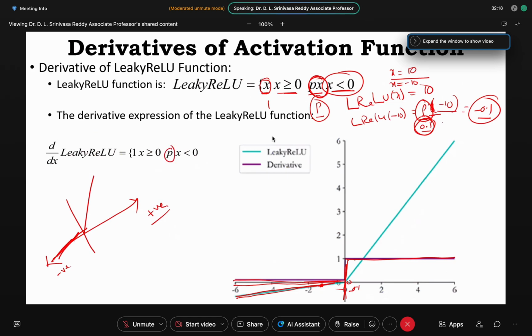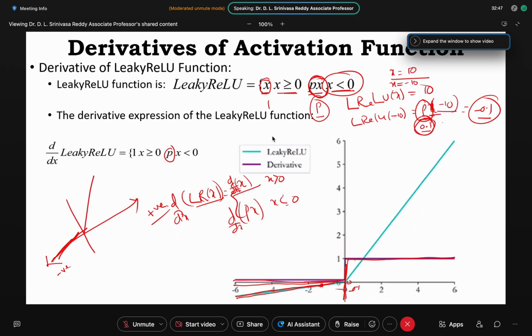All of you understood this? LR of x is equal to x for x greater than 0, and rho x for x less than or equal to 0. So d by dx of LR of x gives you d by dx of this and d by dx of this.